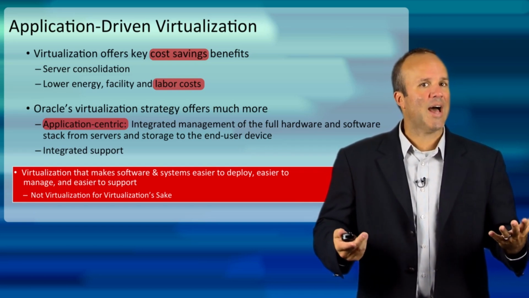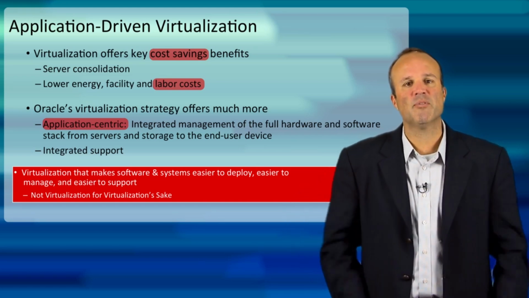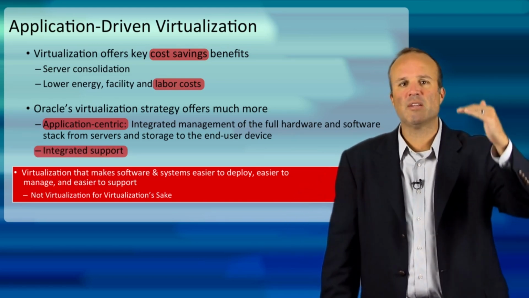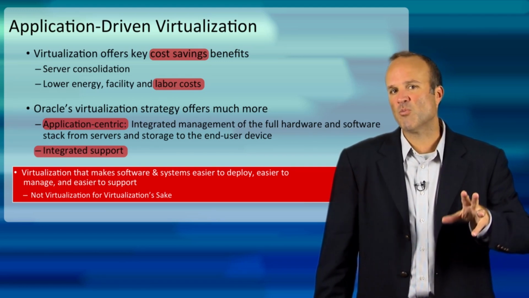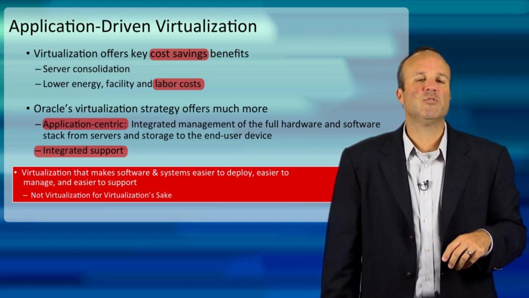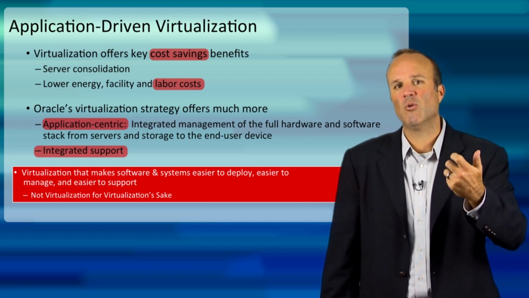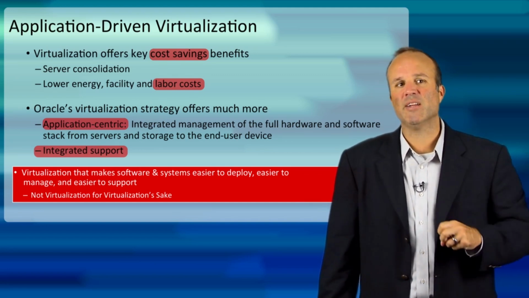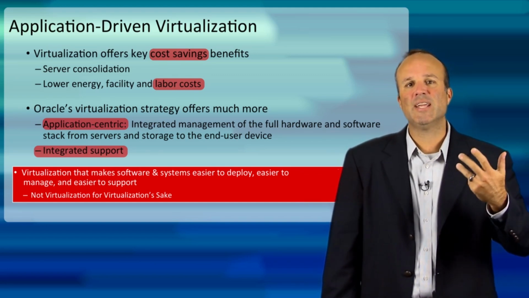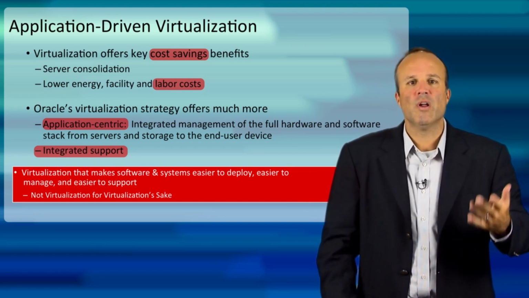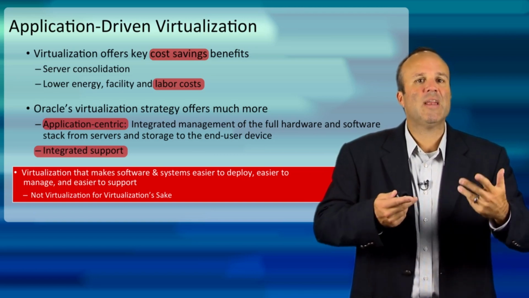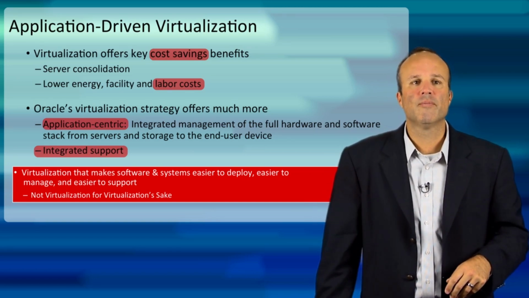And of course, we're doing that compared to heterogeneous types of environments. We're doing that with integrated support across the entire stack. So that reduces risk. That gives you a much more simplified method of doing troubleshooting when you only need to deal with one company where we have that integration across the layers. So we're making it easier for you to deploy, easier to manage, and easier to support your virtualization requirements depending on your application or workload.